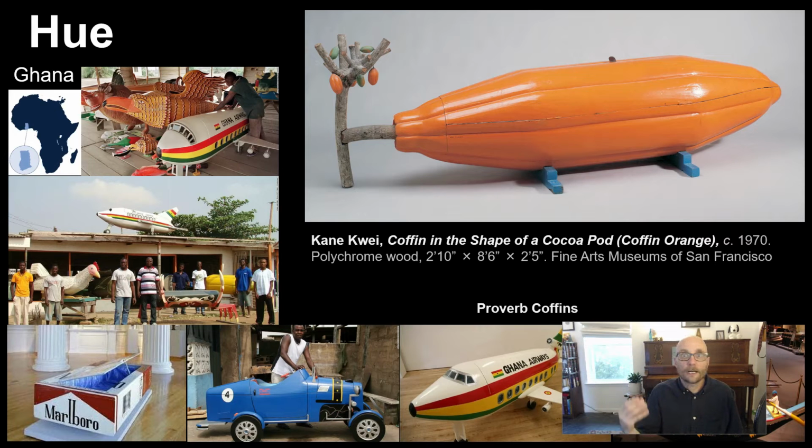It could be your job, your career, whatever it is. This is the coffin of a guy who owns a cocoa plantation, so it's shaped like a cocoa pod, which I think is kind of cool. And this guy was a pilot, and this guy raised chickens.